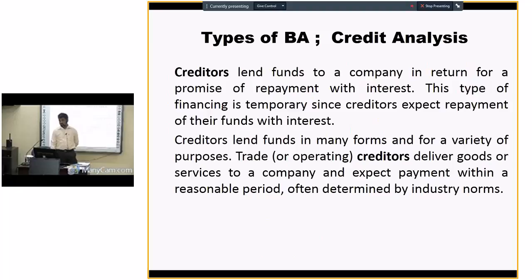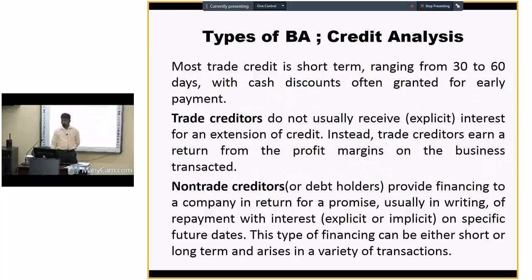Before lending those funds, creditors are concerned about the business analysis again. Here you can see trade creditors and non-trade creditors, and why they use financial statement analysis or credit analysis for their decisions.